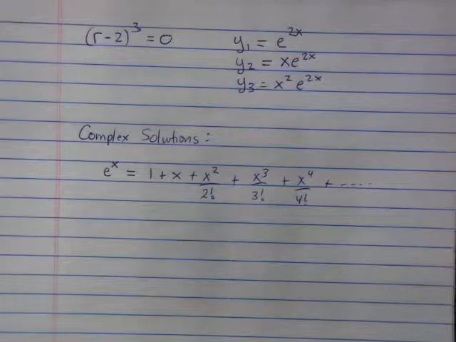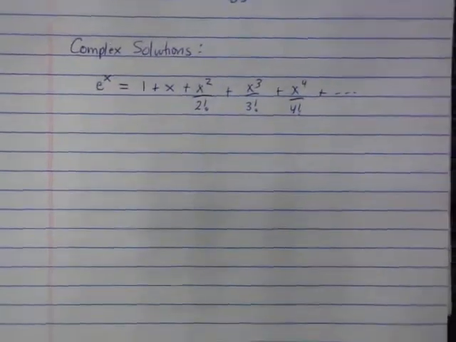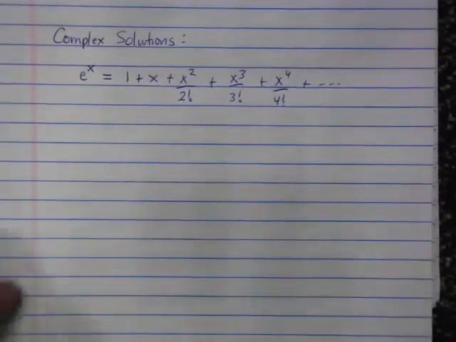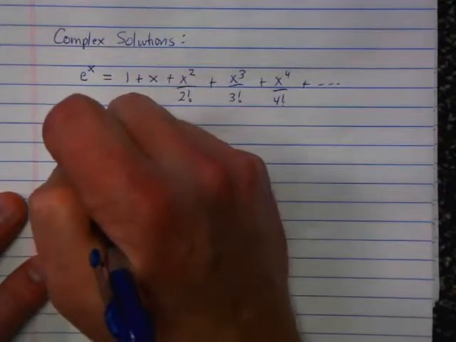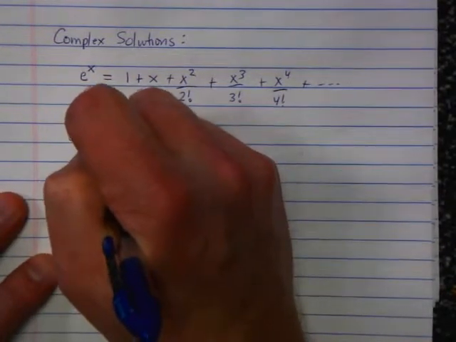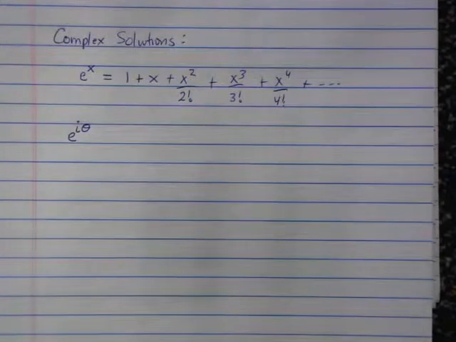All right, so many, many years ago, Leonhard Euler took that expansion and he decided to plug in a complex number. He decided to plug in e to the i theta.